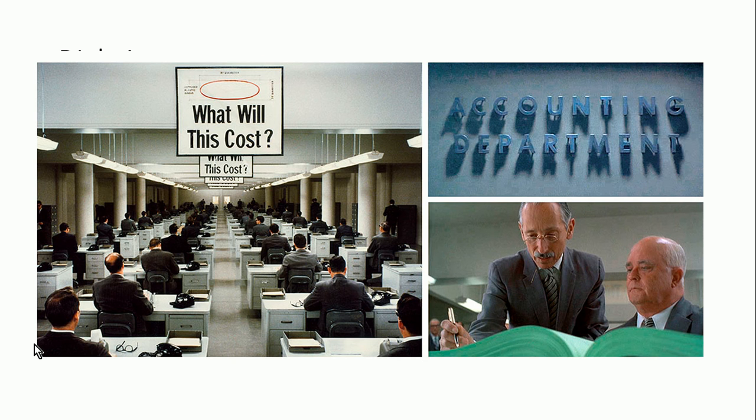They show them trying to figure out how much it's going to cost. There's no words in this part of the movie. All you see is a whole bunch of people sitting at desks with a big sign that says, "What will this cost?" And then a guy comes up and shows the head accountant a book that says 79 cents. He shakes his head no, so the guy puts a 1 in front of the 79 cents. So it's $1.79. He says, that's a little better. So that's very qualitative. It's just somebody pulling a number out and then saying, this is what it's going to cost, right?